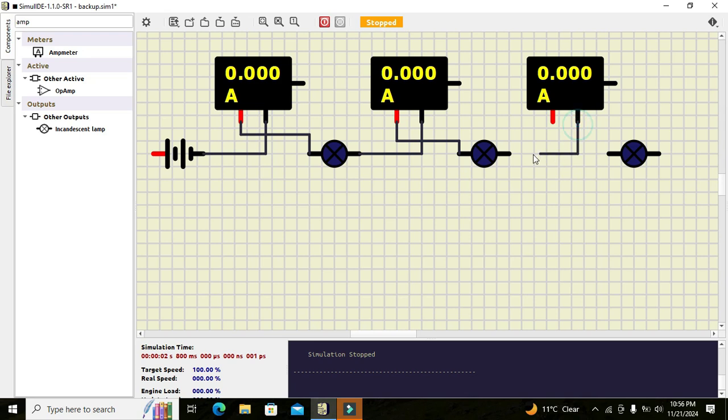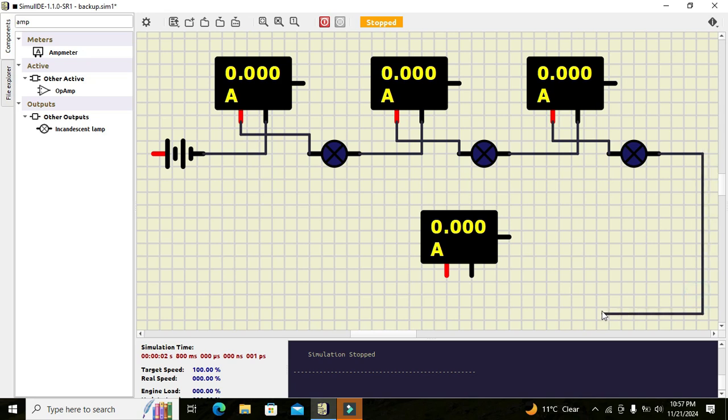Negative side with the first lamp and positive side with that of the other lamp. And one more ammeter after this one, the third one, because we want to observe the current at this point also.